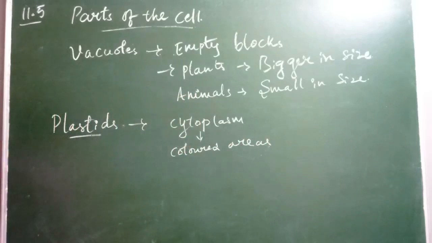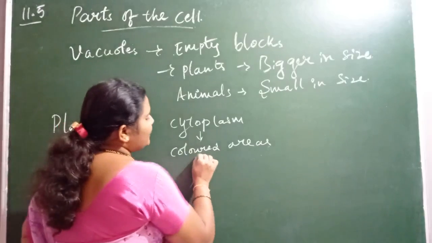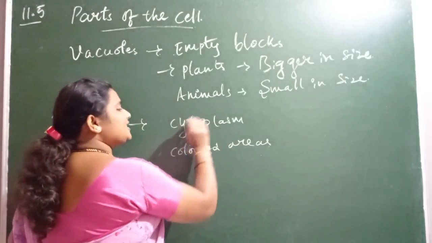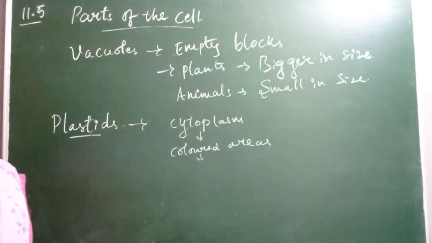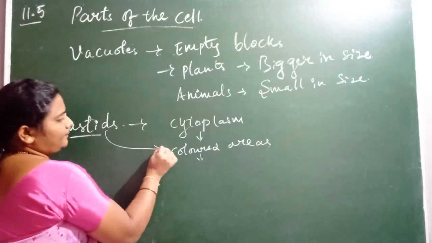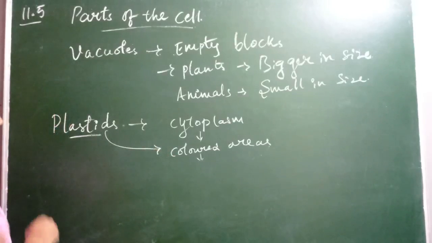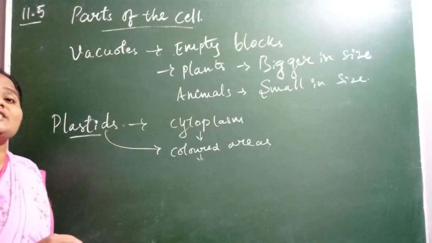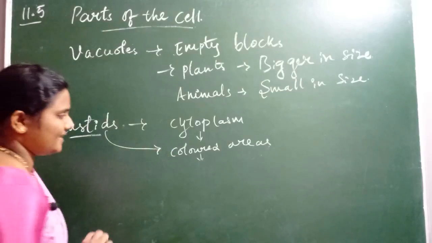In the cytoplasm, you can find some colored areas. Generally, these areas will be scattered here and there, children, and those are called plastids. And the plastids will come with different colors.